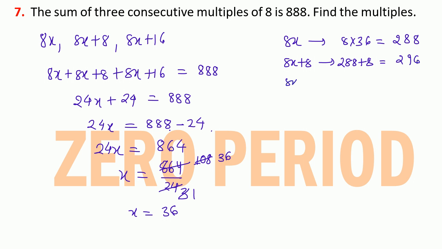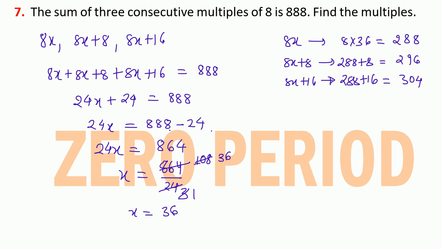And then 8x plus 16, it means 288 plus 16, and this will be 304. So these are the desired numbers.